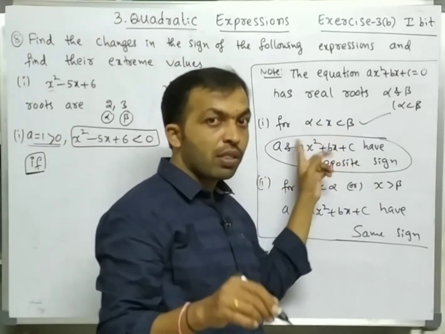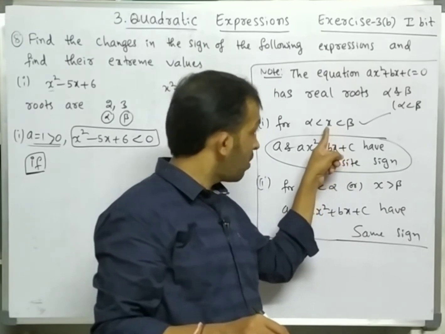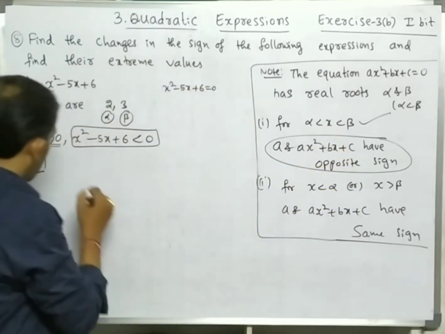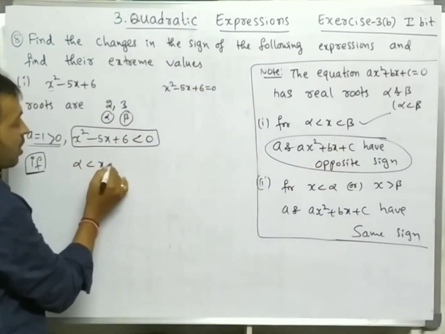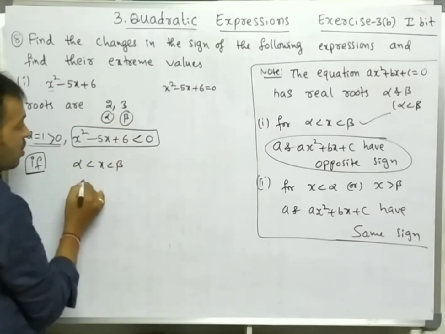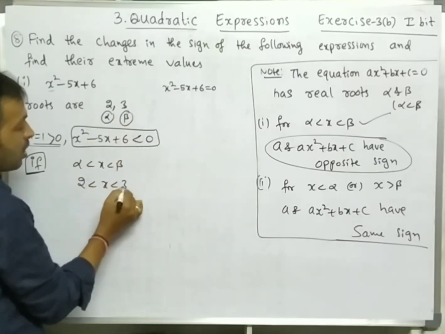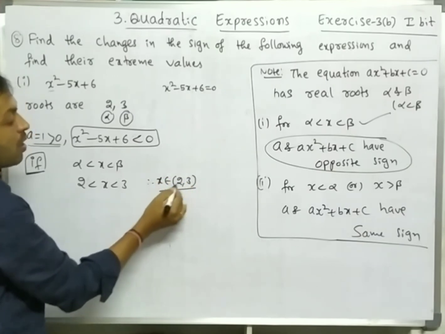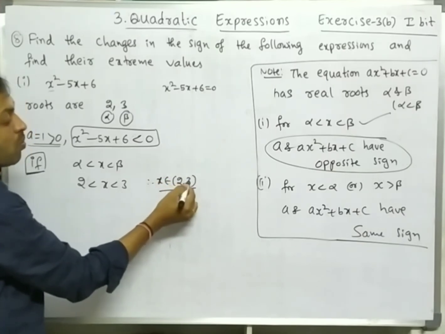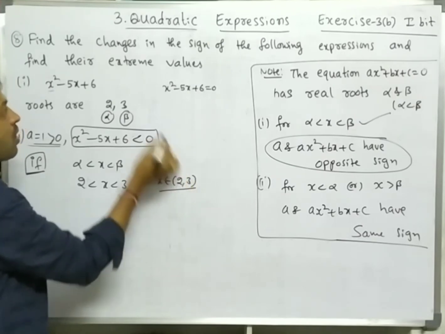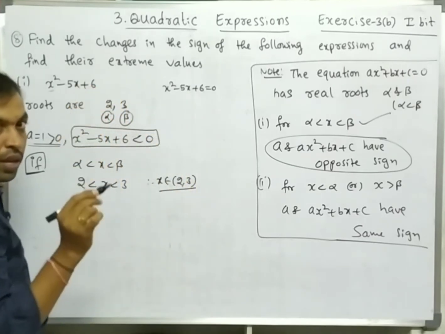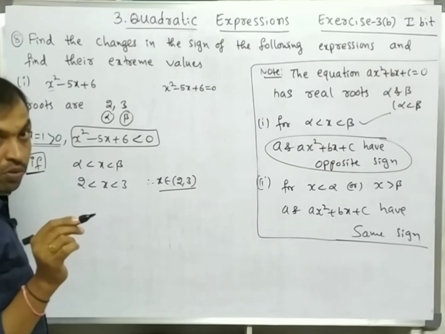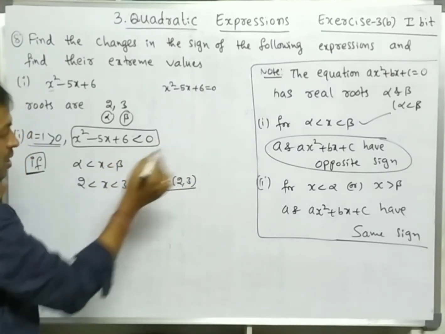For which values do they have opposite sign? If alpha less than x less than beta, that means 2 less than x less than 3, that means x belongs to open interval 2 comma 3, like 2.1, 2.2, 2.33. For these values it is negative. Without drawing a graph, without substitution, we can say this by using this test.